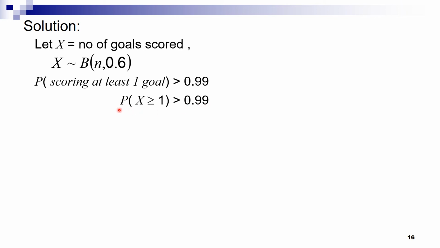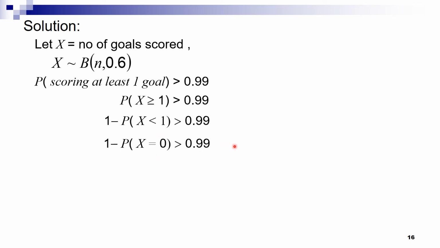Now we know that the probability of X greater than or equal to 1 is the same as 1 minus the probability of X less than 1, and it should be more than 0.99. And we know that the probability of X less than 1 is P(X = 0).